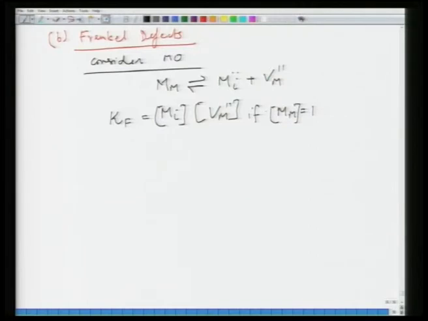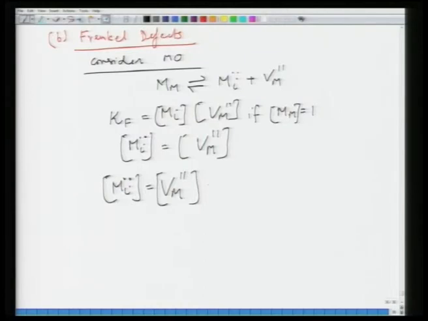Okay. And if mm was in very large number, which means Mi and Vm are very small as compared to concentration of mm. We know that Mi is also equal to Vm. So, as a result you can write Mi is equal to Vm is equal to Kf to the power half.